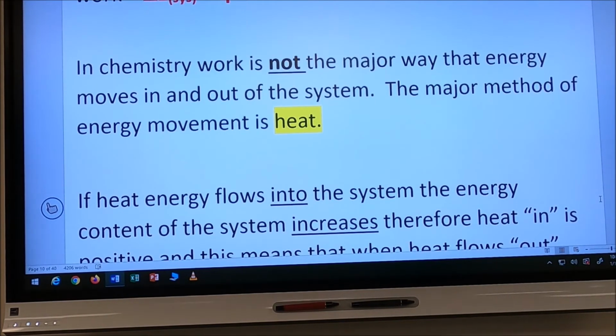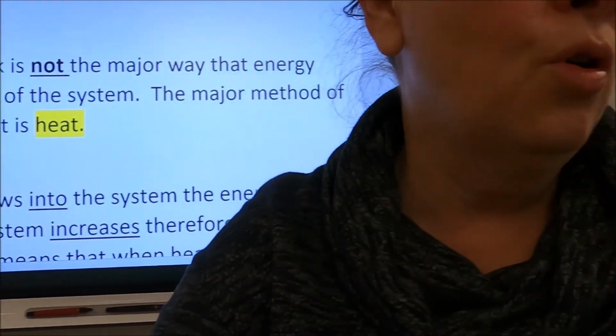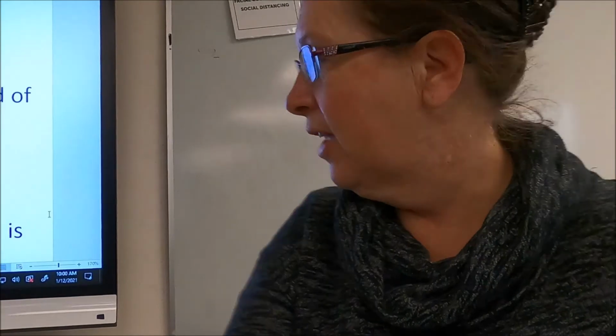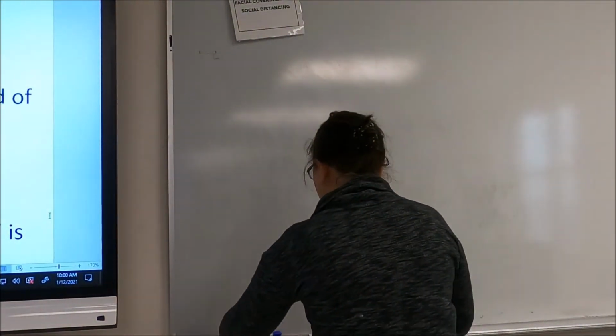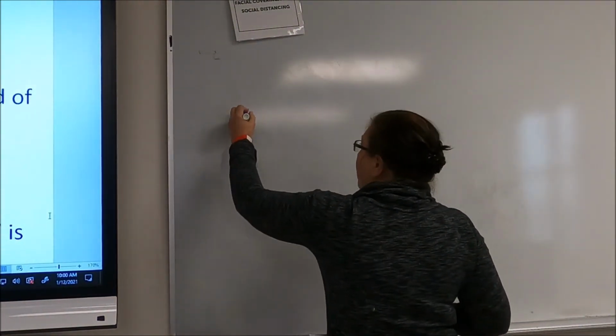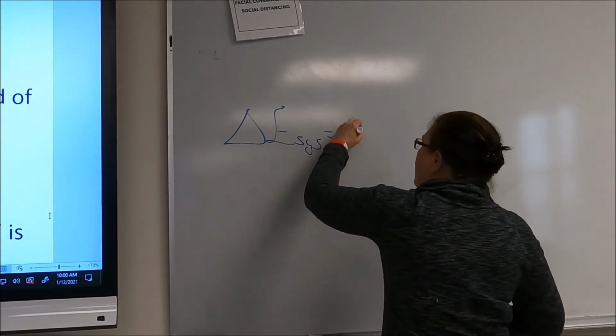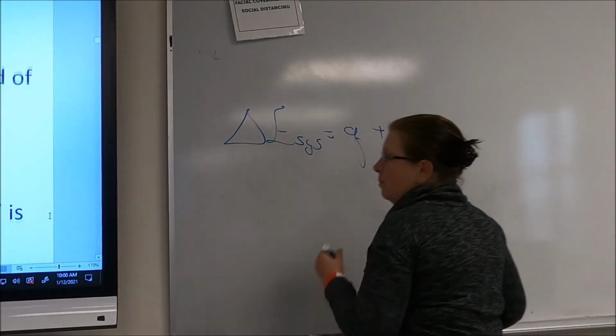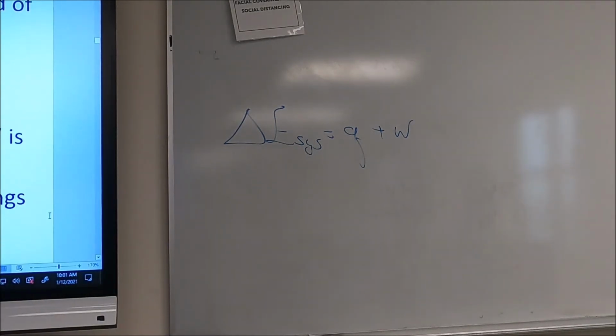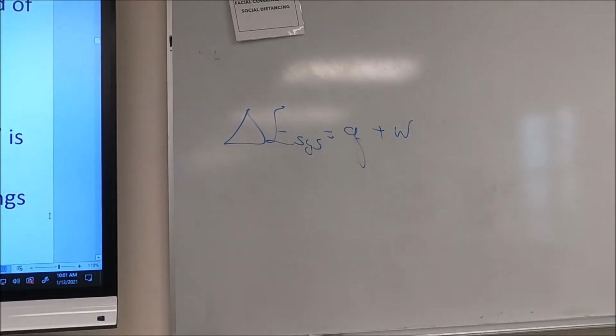Now, if we look at our equation, let me scoot over here so we can look at the board for a sec. If we have delta E of the system equal to Q plus W, and I'm down a few lights, a little brighter.